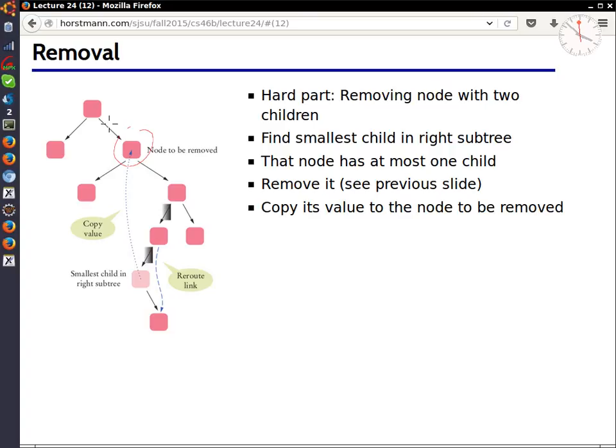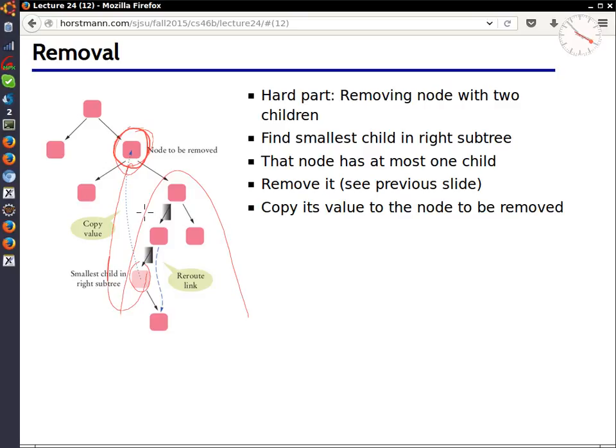And so we want to find something simple where we still have a binary search tree. And that means we want to make sure that everything to the right still stays larger than what we're now going to put in here. And so there's only one way of doing that, and that is to pick the smallest element from here and move it up.